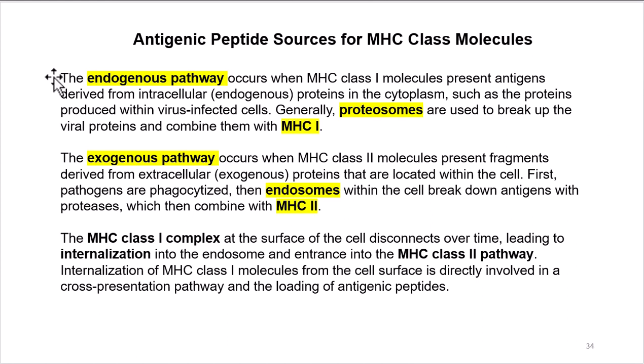Another astounding fact is that MHC1s are found on every cell in our body that has a nucleus, which is like all of our body cells, the somatic cells. So the MHC1s are the reason for something called immunosurveillance.